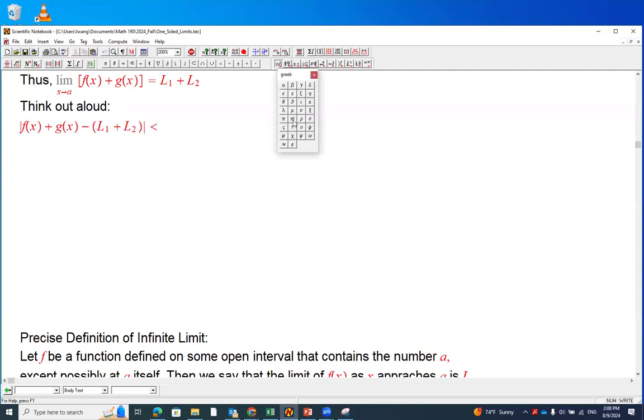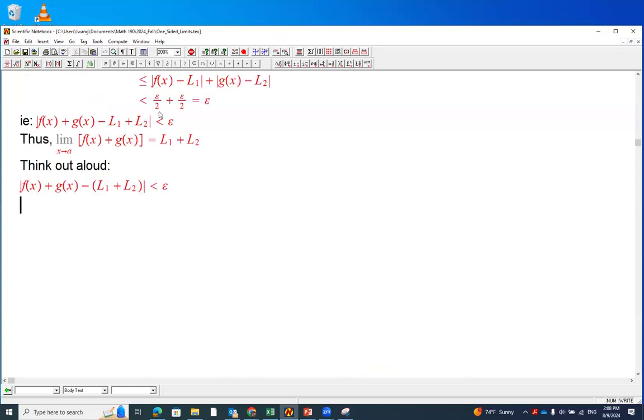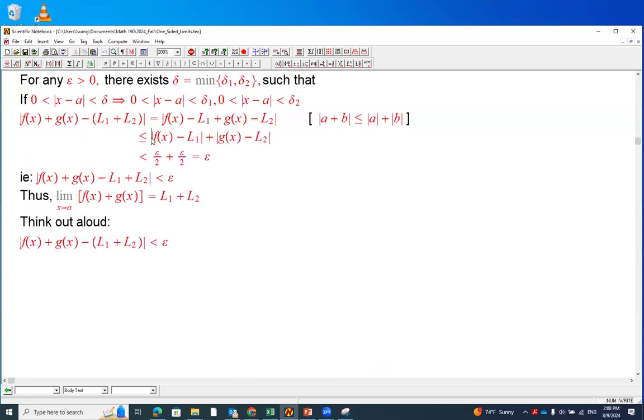If this is true, and we know that this will be true, less than epsilon, right? And if we want that to be true, and from here, we need, if we want this to be less than epsilon, so there's some logic here, okay?